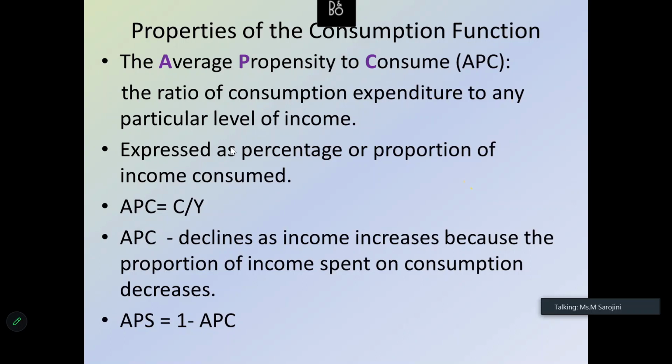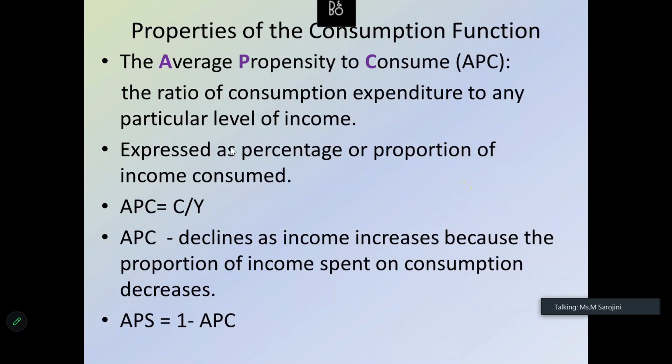Also, this is expressed as the percentage or proportion of income consumed, that is APC is equal to C divided by Y. Also here the APC declines as income increases. Right? Once the income increases, APC declines because the proportion of income spent on consumption decreases.